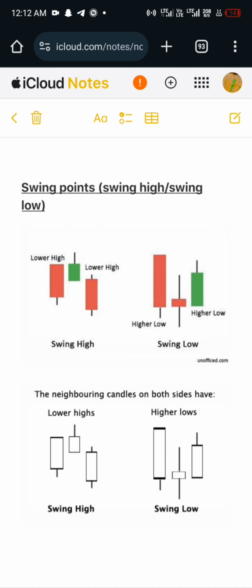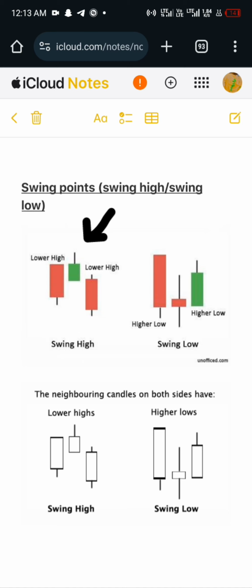And now, to be more specific and precise, we are referring to 3 candlesticks. I repeat, 3 candlesticks. For the swing high, if you look on your left, the swing high involves 3 candles.